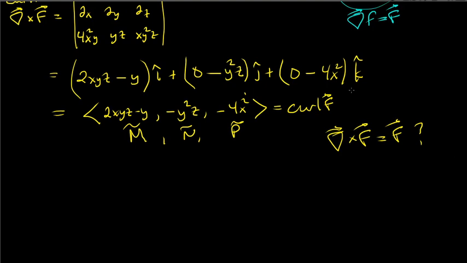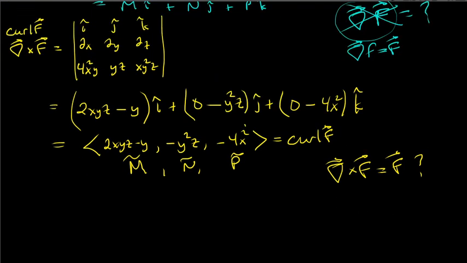I can think of one right off the top of my head. But the question is, are there others? What's the condition here? The one I can think of is the most trivial of vector fields, capital F. Just take the vector field with the three components 0, 0, and 0.